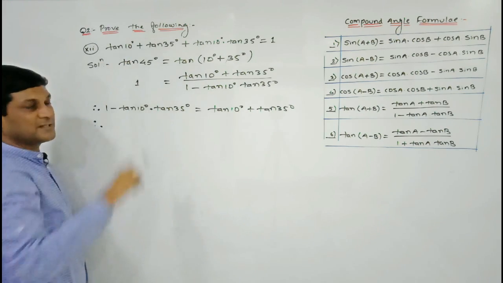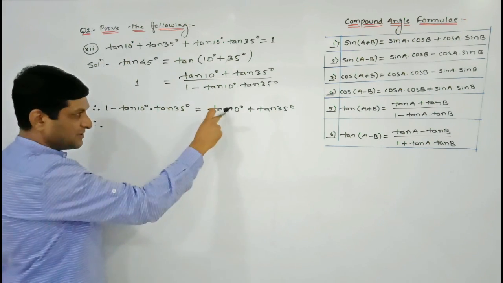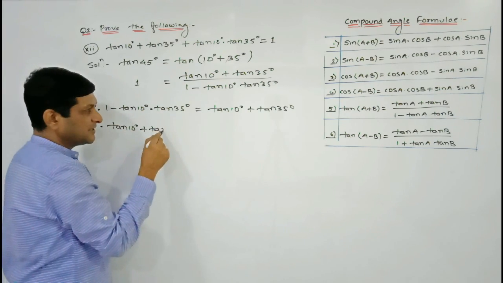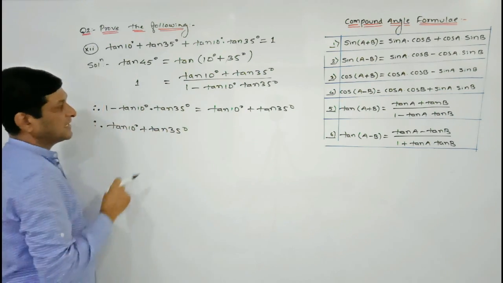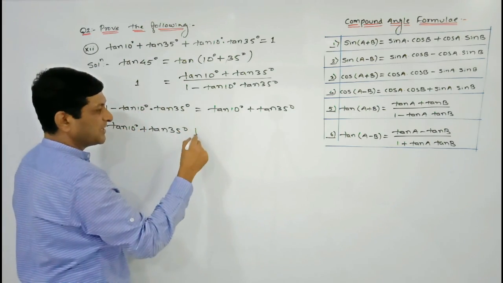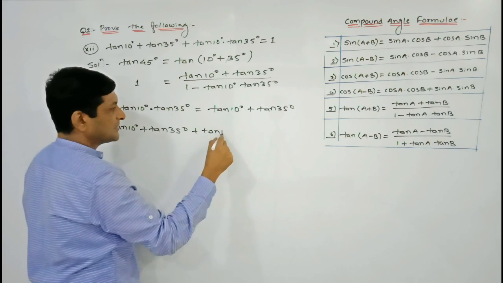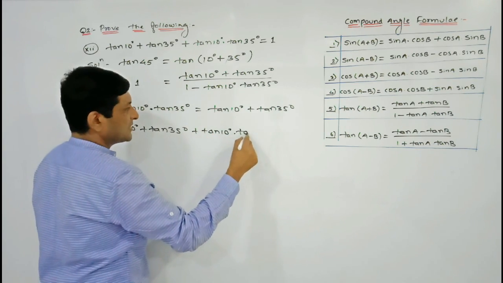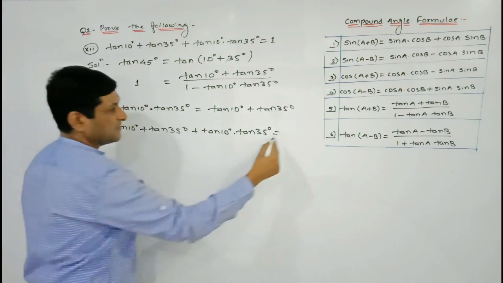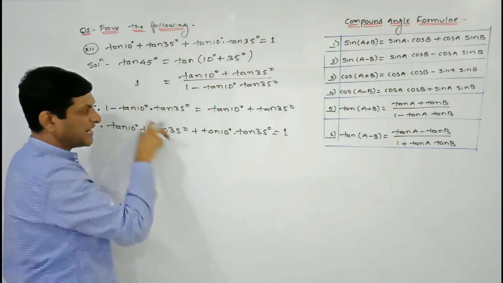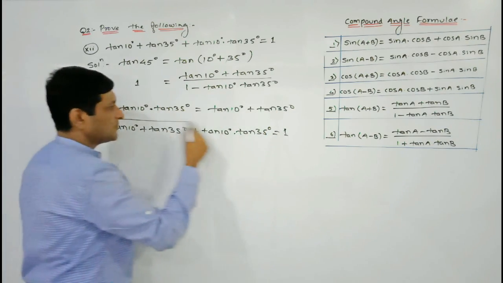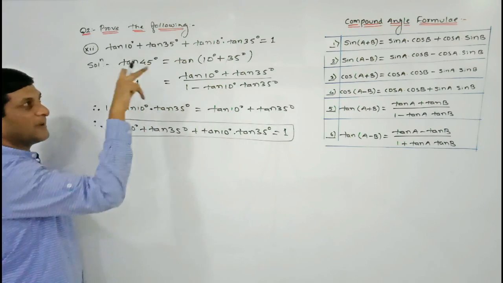We are trying to arrange the terms to get our required result. So keep the first term tan 10 degrees as it is, plus tan 35 degrees also as it is, and here the minus term on this side will become plus tan 10 degrees into tan 35 degrees, is equal to, and now what is the remaining term on this side? 1. I am simply shifting this minus term to this side, it will become plus, and the remaining term here is 1, and in this way we have got our required result.